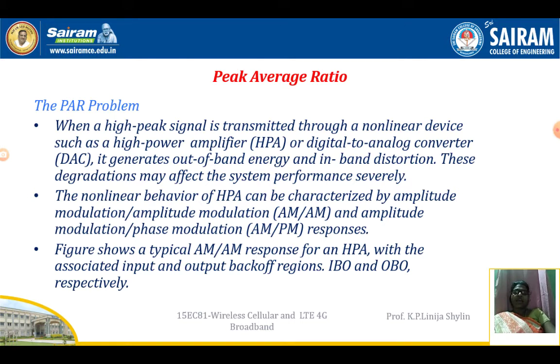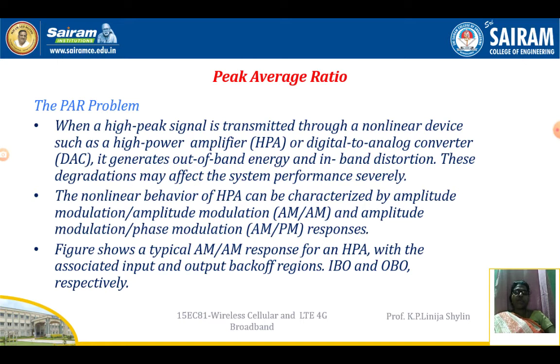In this non-linear device we are going to transmit the high peak, high amplitude signal. So these devices will generate out of band energy, and also there will be in band distortion. This degradation will affect the system performance.